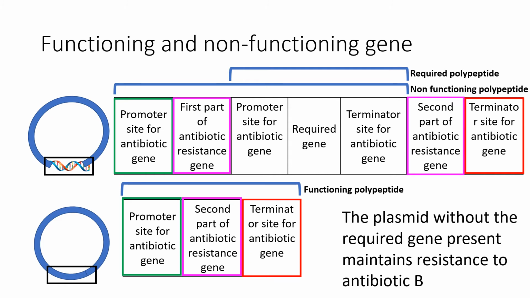If that has happened, the gene for antibiotic resistance B is no longer functional, but the required polypeptide that we inserted is functional. If we've got a plasmid without the gene that we wanted inserted, it does have a resistance to antibiotic B because antibiotic B is working absolutely fine.